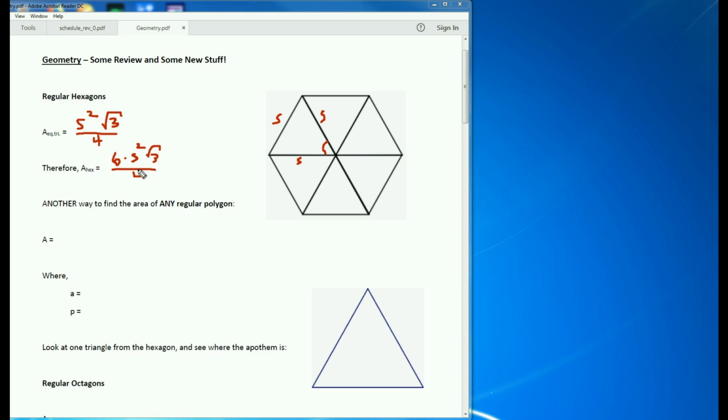And then if we just simplify that, we can reduce here and here by taking out a factor of 2, and we get 3 side squared square root of 3 over 2.